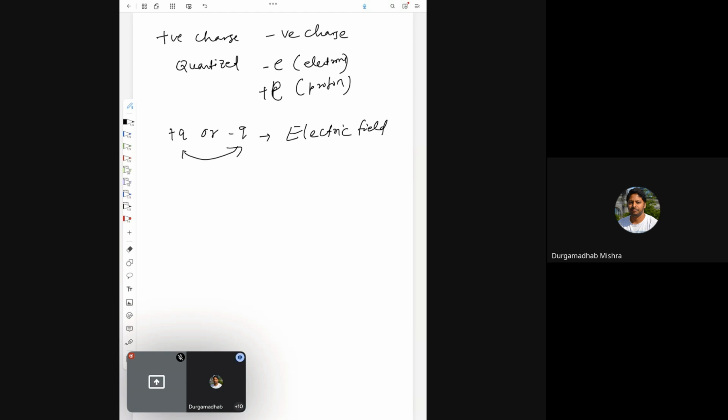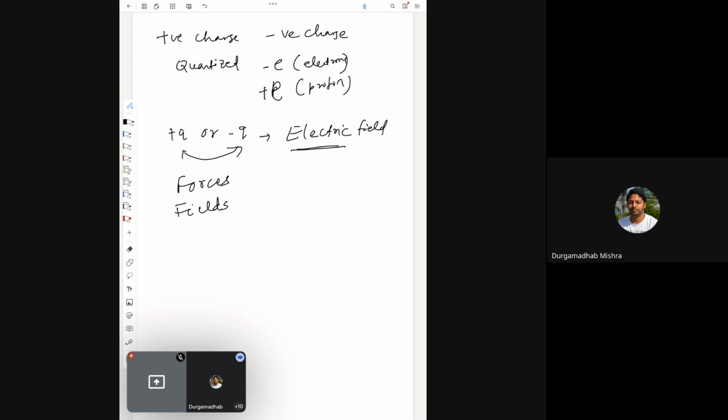So this is what we call an electric field. You have electric charges which produce this electric field, and through this electric field they interact with other charges. This can be understood in terms of forces: when we talk about interaction, we can write it in terms of fields.